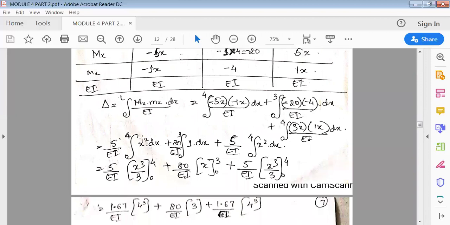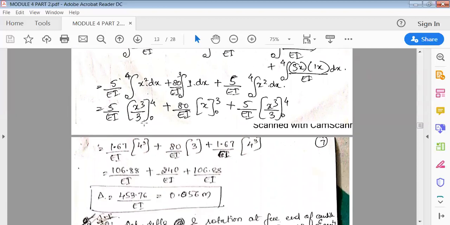So 5 is a constant, 5 over EI into x square, then 80 over EI into 1 dx, plus 5 into x square into dx. Then take all the common terms and solve. So 5 by 3 is 1.67 into 4 cube, then 80 over EI into 3, and then the final one is 4 cube over EI.